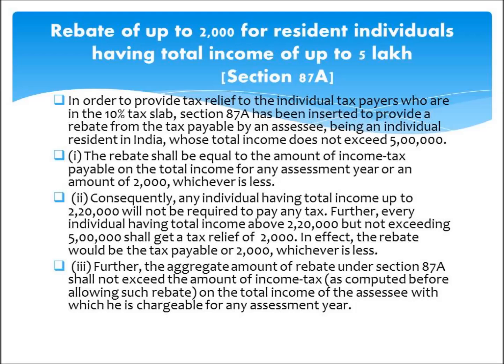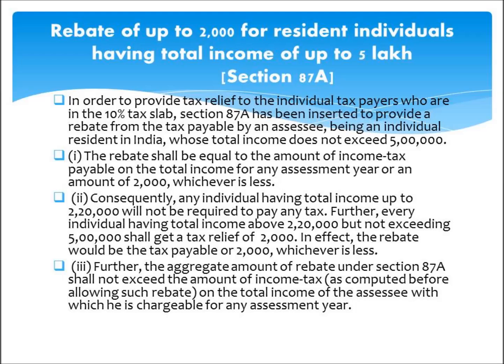So if I am required to pay tax of 2000, then I'll avail the rebate of 2000. So the final amount of income tax payable by me will be nil. And if I am required to pay tax of 3000, I am eligible to avail rebate of 2000 and the net income tax liable to be paid by me is 1000. So the maximum rebate available is 2000.